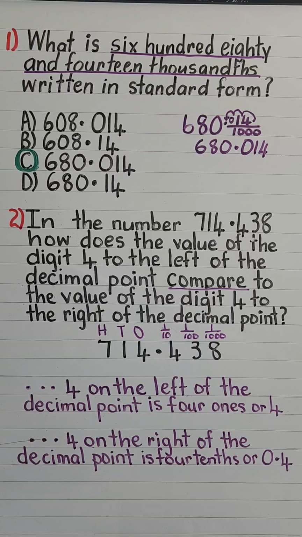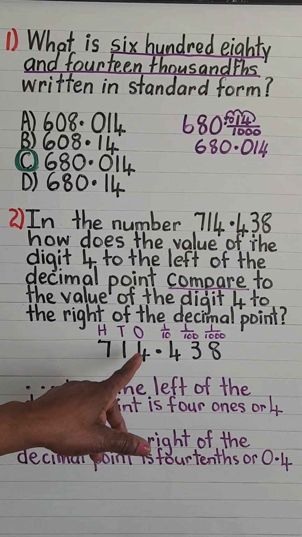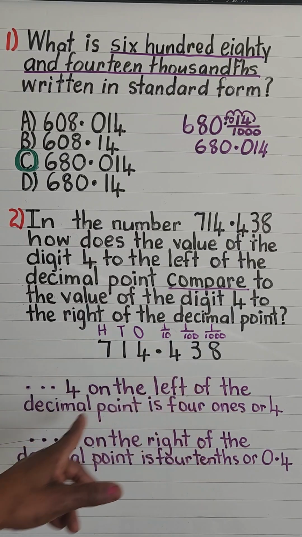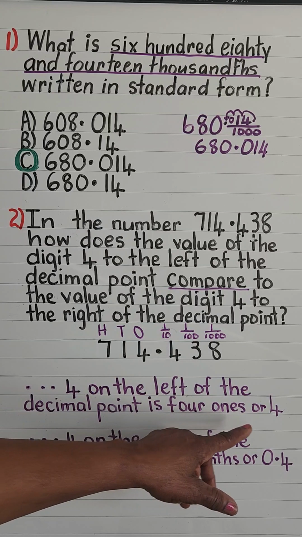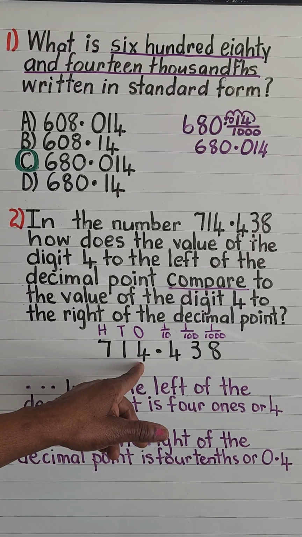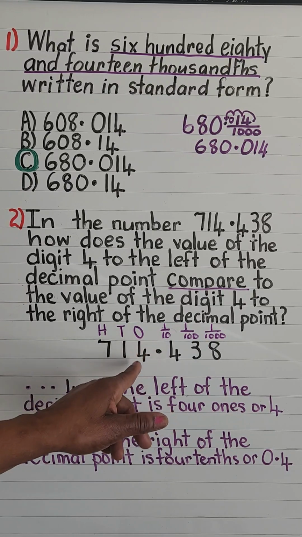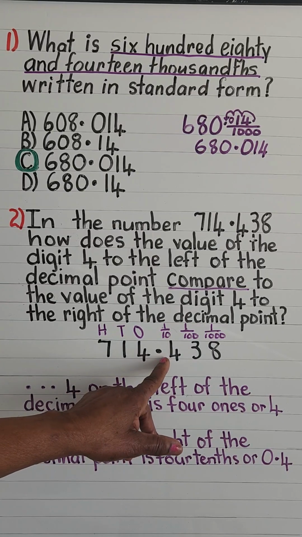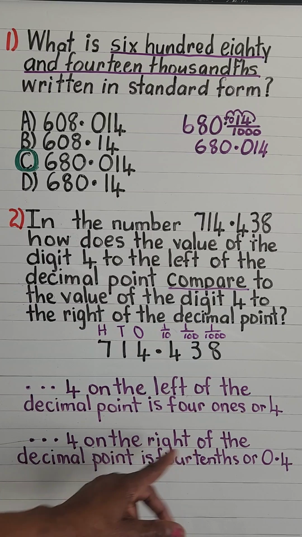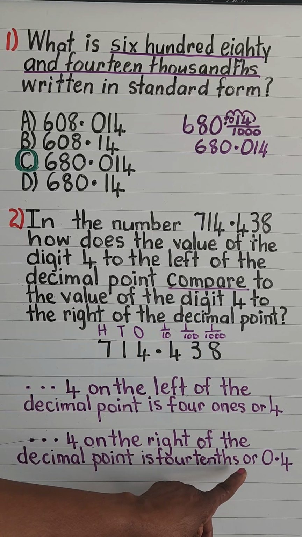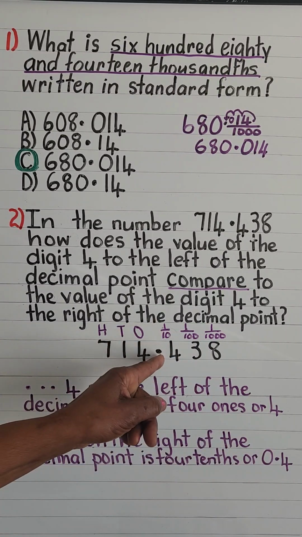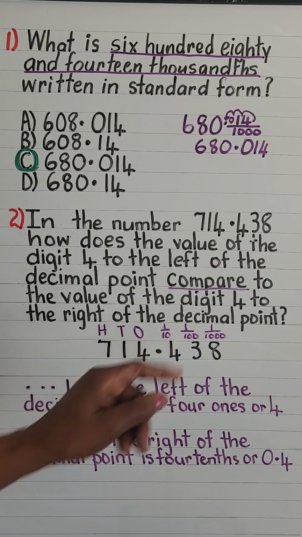So the 4 on the left of the decimal point is 4 ones or 4. Now the value of the 4 on the right of the decimal point is 4/10 or 0.4.